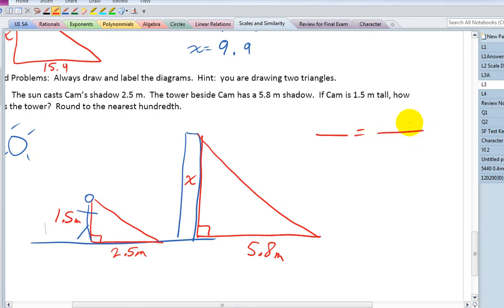So this time, you're only going to have two fractions. Right? Now, which side corresponds with x? Yeah, they're both going the same direction. Okay. And which side corresponds with 5.8? 2.5. Good. Find x, make a sentence. Go.